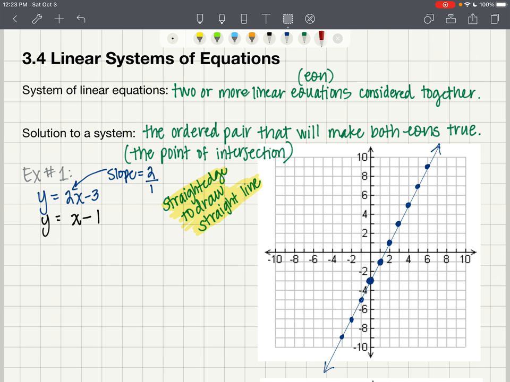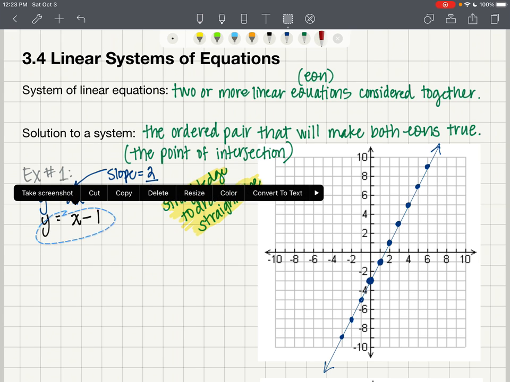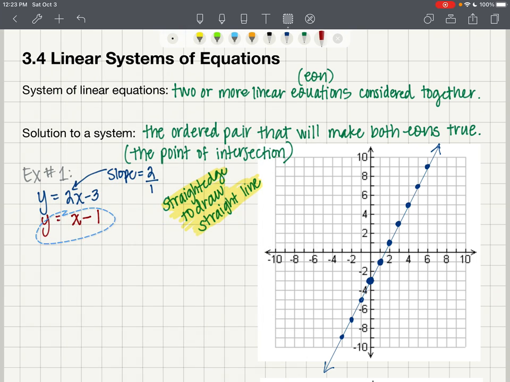The next equation, y equals x minus 1, and change that to red, has a slope of 1. So I put that over 1. My y-intercept is negative 1.